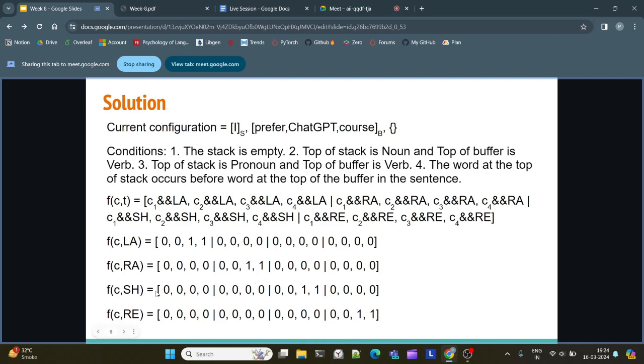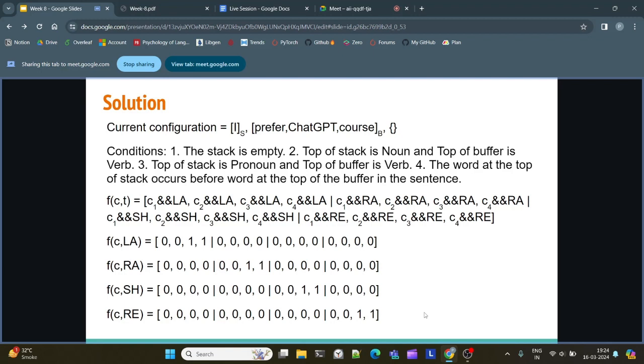Similarly, we have to obtain the feature vectors for shift and reduce, and it would be very similar. The same set of 4 values would now be shifted to shift and reduce. The remaining all would be zeros. Till here, I obtain the feature values corresponding to this configuration. From the configuration, I now have the feature vectors.